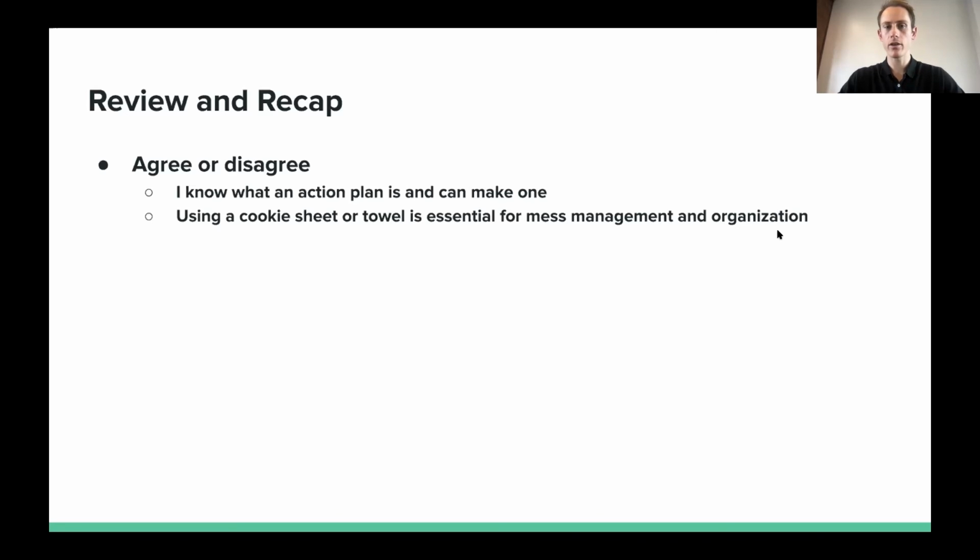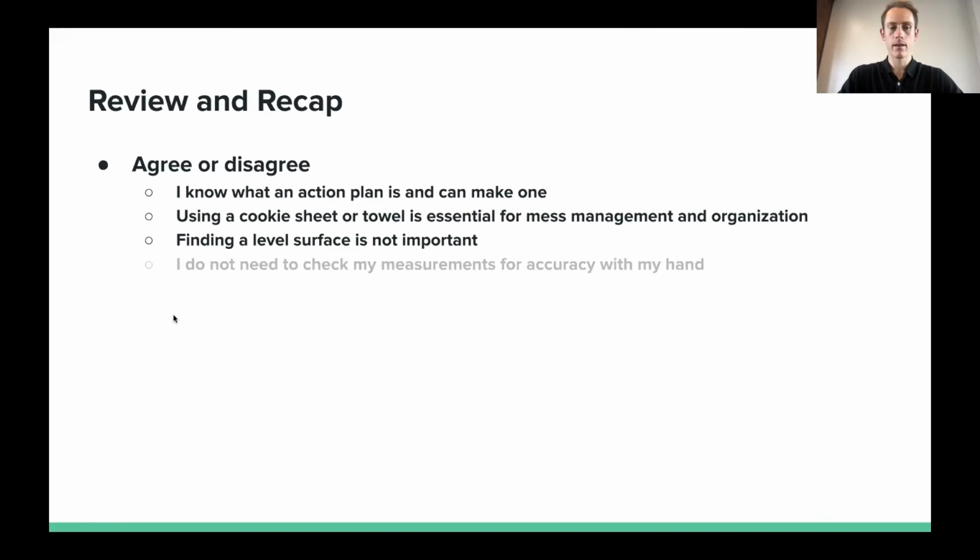And again, if you're not here live with us, I want you to be thinking about this. Do you agree or disagree with these things at this point? Also, finding a level surface is not important. Do you agree or disagree? I do not need to check my measurement for accuracy with my hand.